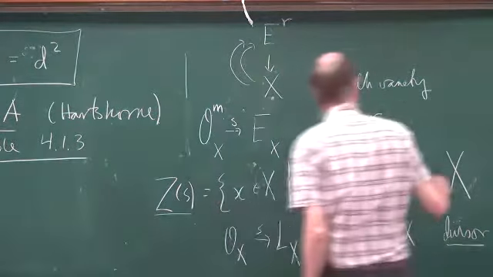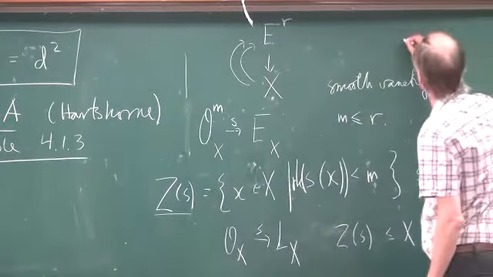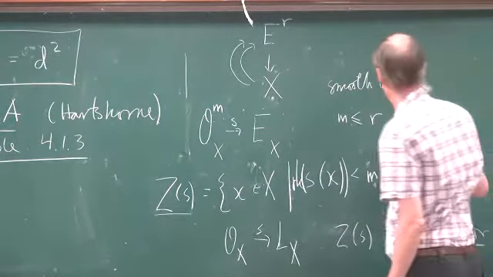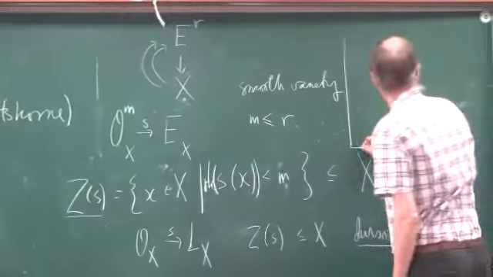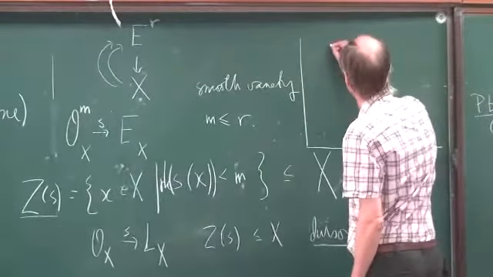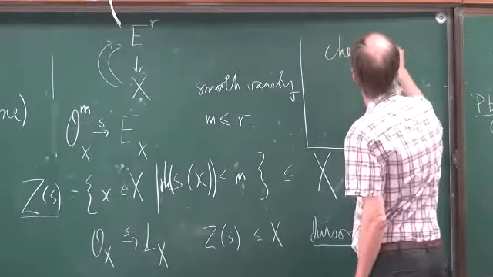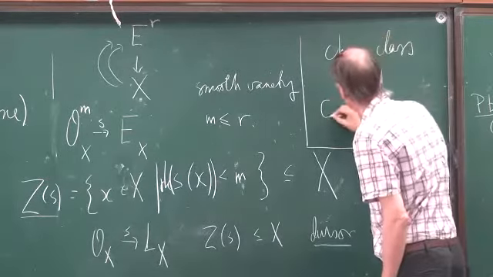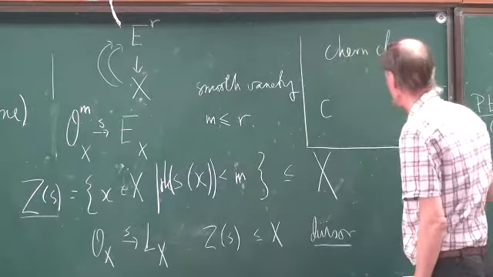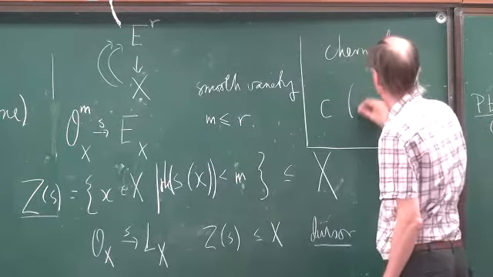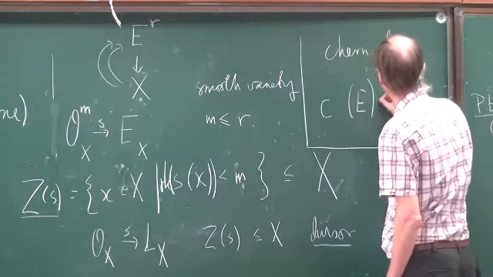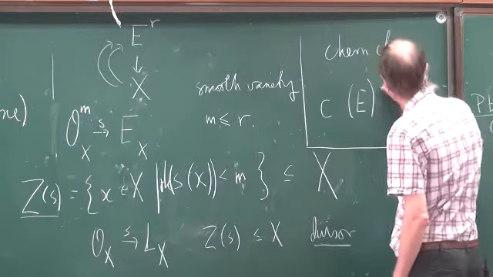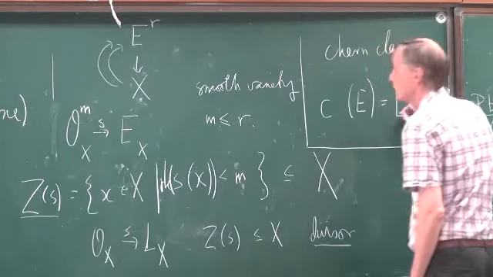And the class of, let me see, now I want to write it here. The Chern class. And now I need to get this correct here. Yeah, this is this c.